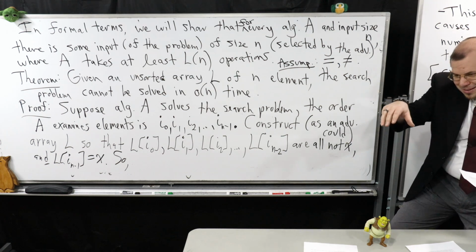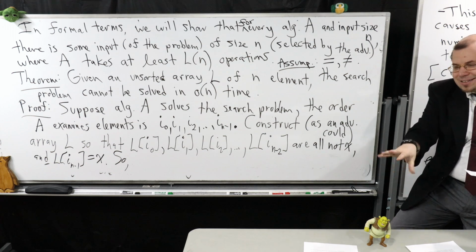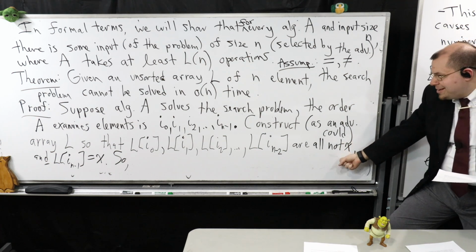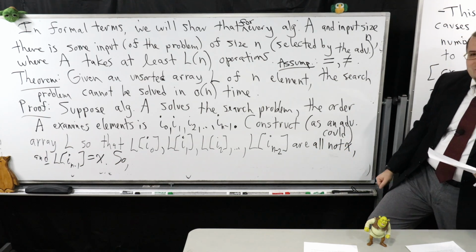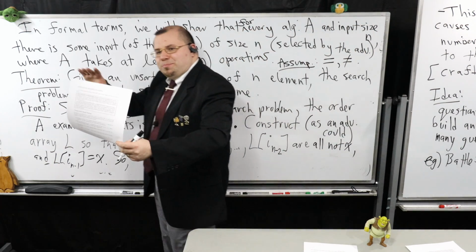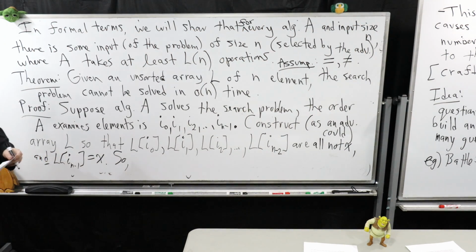So remember, the adversary is an abstract idea for me to come up with this instance. And remember, it's completely oblivious to what the algorithm is. All I know is it just examines elements, and that's the order it does it.